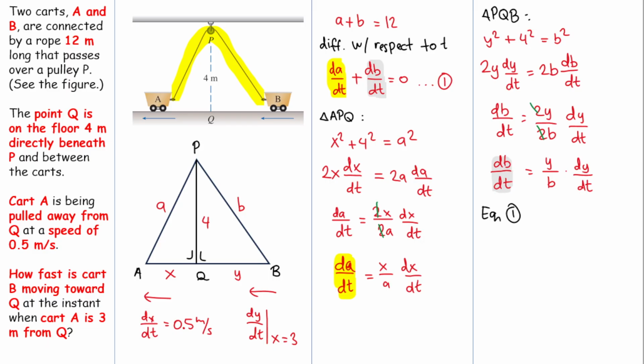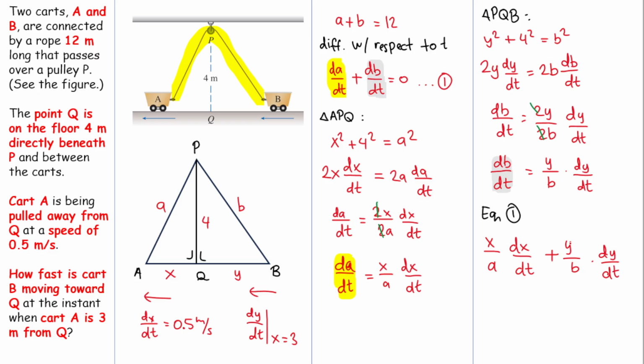Okay, so now let's plug in that dA dt here. So I will have x over A multiplied by dx dt. Good. And then plus dB dt here, which is y over B, and then multiplied by dy dt.